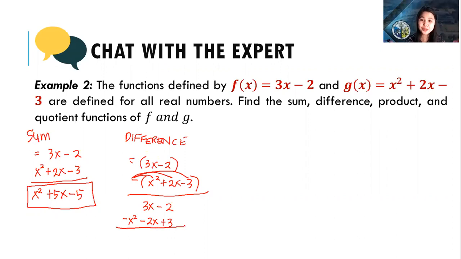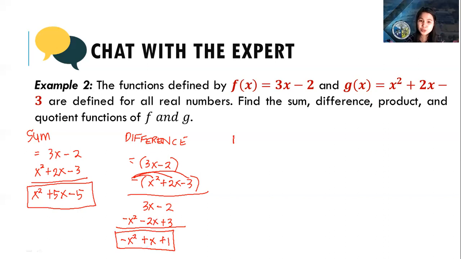Then we'll go back to the combining of like terms. You have negative x squared plus 3 minus 2 is 1, 1x. You can just write x. The negative 2 plus 3, that's positive 1. So this will be the answer.